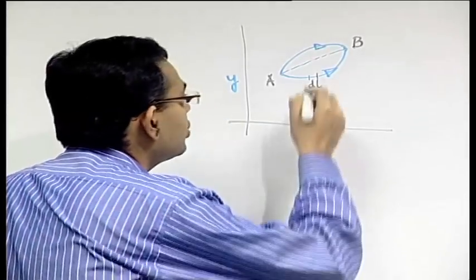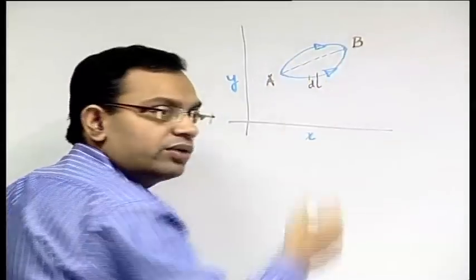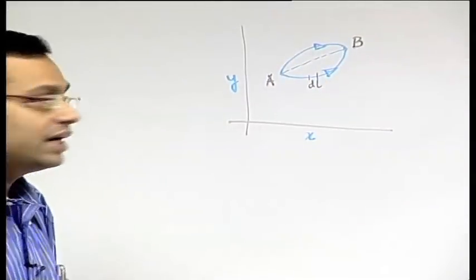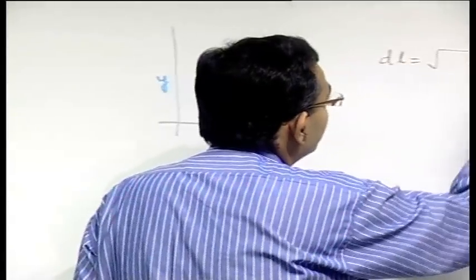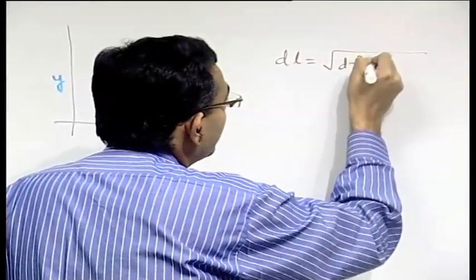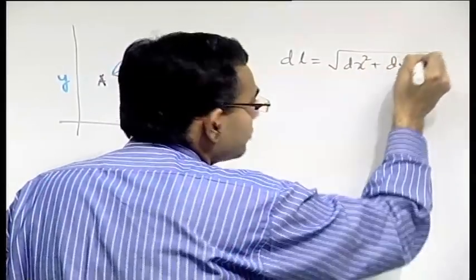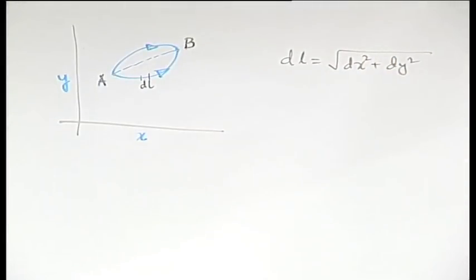We are interested in finding the integral of dl from A to B, which gives the total length. We can write dl as square root of dx square plus dy square, because for a very short length the curve is almost like a straight line.